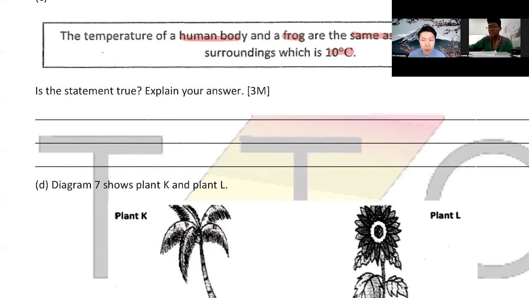So yes, poikilothermic, cold-blooded, right? They can change as low as 10 Celsius. When it's very cold on the outside, they can slow down their body, and when it's very hot, they can go crazy also. So it changes according to surrounding. But for us, you go to winter country or you go to Antarctica, your body is still 37. You just have to keep eating to keep your body warm.